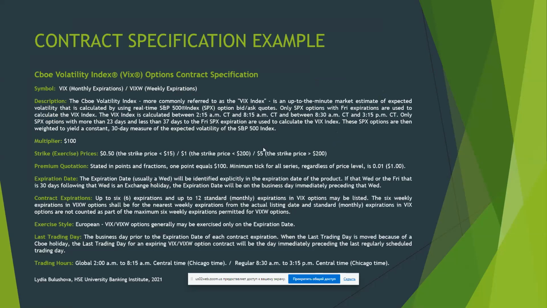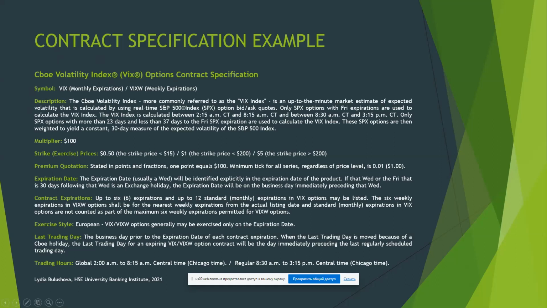Here we've got an example of a contract specification. Here you can see a contract issued by the Chicago Board Options Exchange on volatility index options. What is specified in the contract? A symbol.